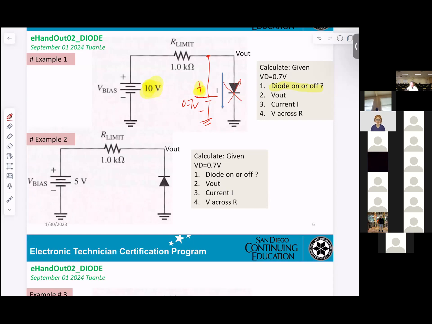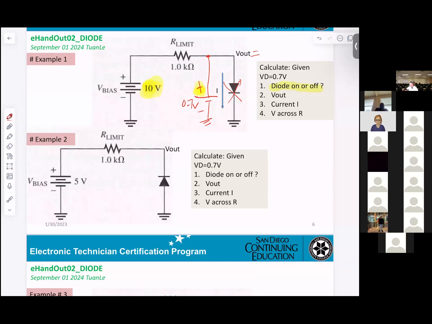So my question is, what does V out equal? 0.7 volt.